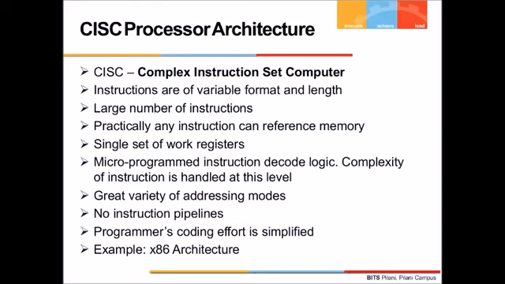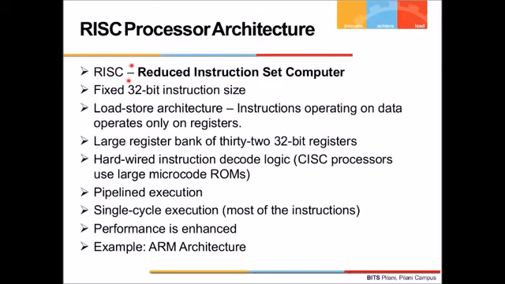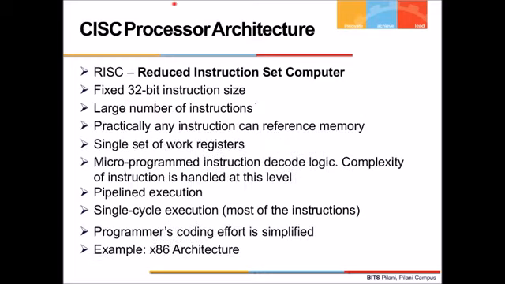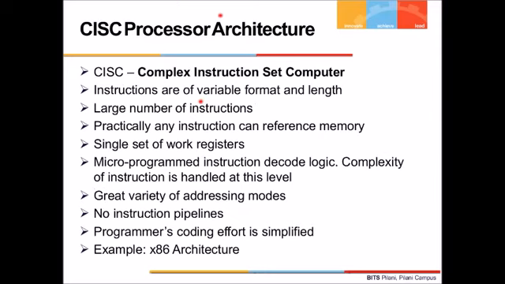So in RISC, they thought it is better to reduce the number of instructions so that the instruction decode logic will be faster. That's why it is the Reduced Instruction Set Computer, and the instruction size is fixed. It is 32-bit. Now we have fixed the instruction size, that is the length of the instruction, whereas remember in CISC it is variable. The instruction size can be anything. And here it is 32-bit.